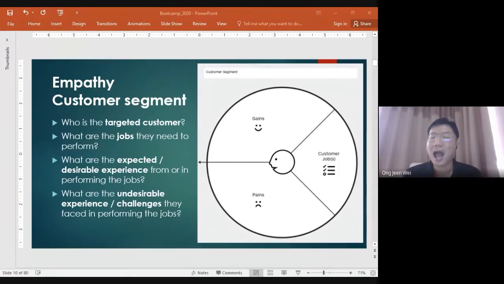iPhone users are highly loyal customers. That means the moment they have their iPhone, it is so difficult for them to switch.